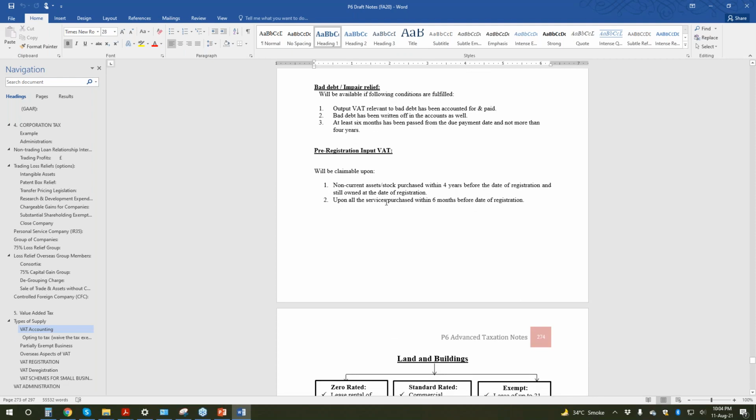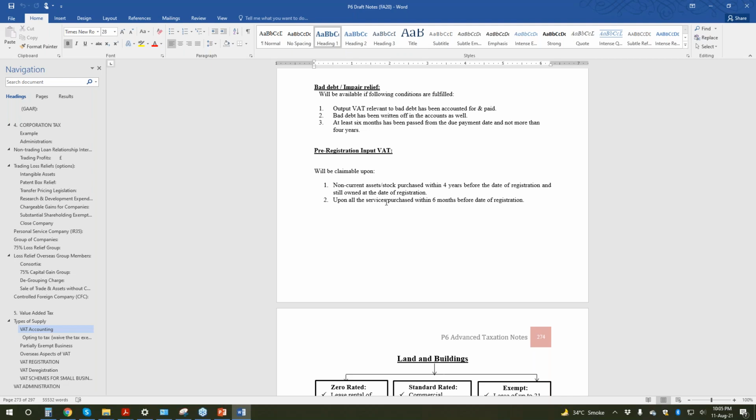If you have incurred or suffered input VAT on some items, they can be goods, they can be services, but at that time you were not VAT registered. But later on, on some date, you get VAT registered. Is it possible for you to recover the input VAT that you suffered while you were not registered?